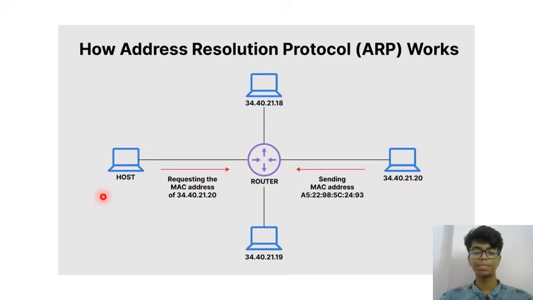The host is requesting the media access control address of 34.40.21.20, and there is a computer sending the media access control address A5 22 98 5C 24 98. This is 48 bits, and the router maps each to the other. This is how Address Resolution Protocol works.